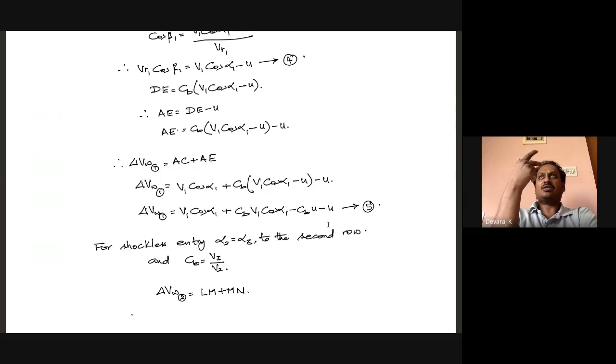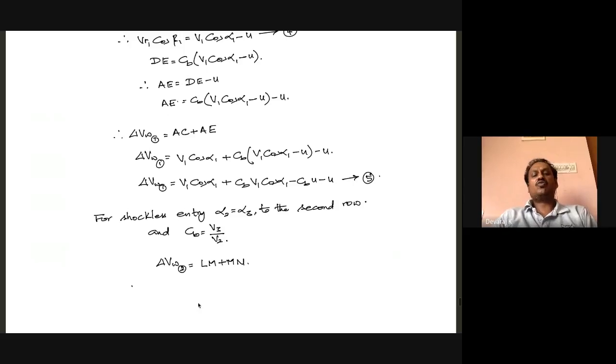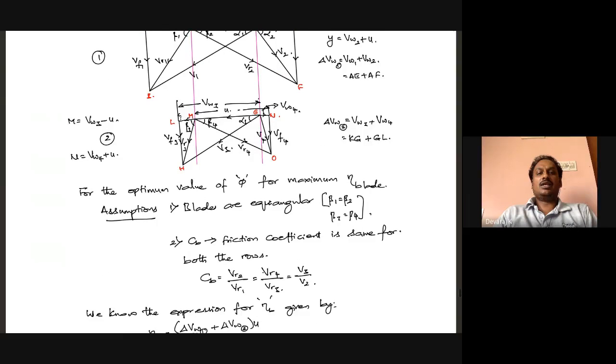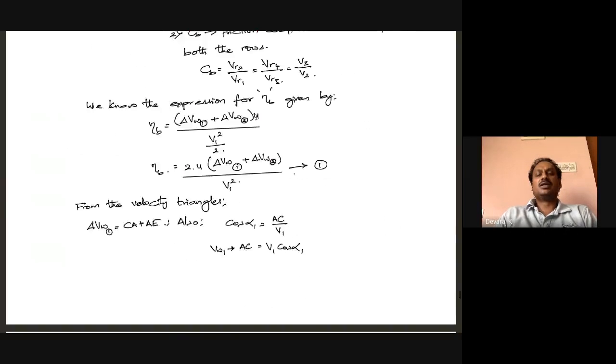Already we have taken CB as the friction coefficient, which is equal to V3 by V2, or V3 is equal to V2 into CB. Now, what is delta VW for the second rotor? It is LM plus MN.